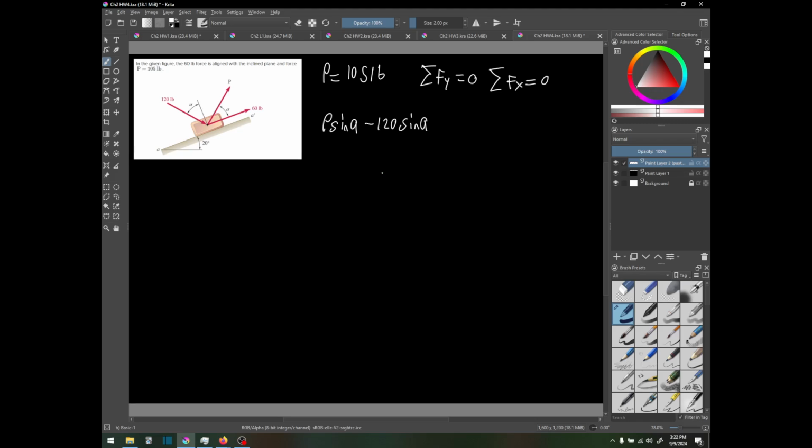Well, no, this wouldn't be sine, this would be cosine. These forces would equal 0. What this means is P sine A is going to be equal to 120 cosine A. We can write that.